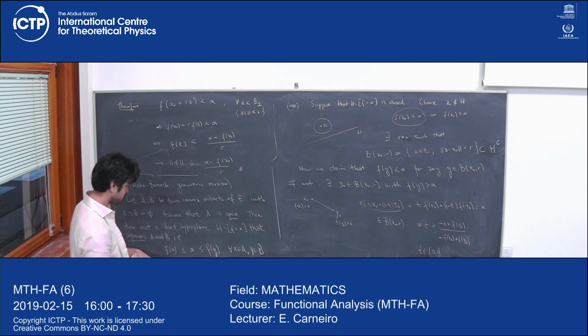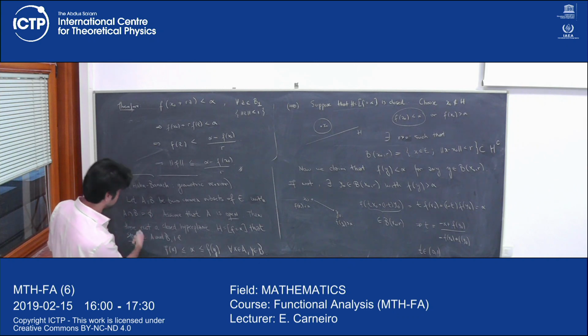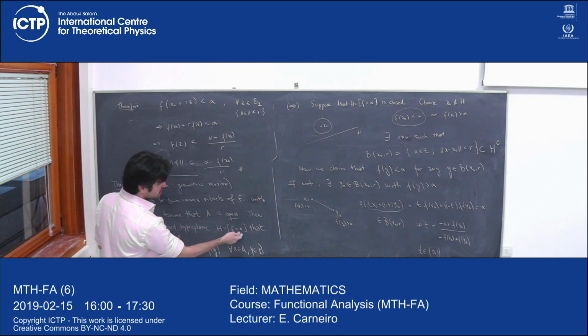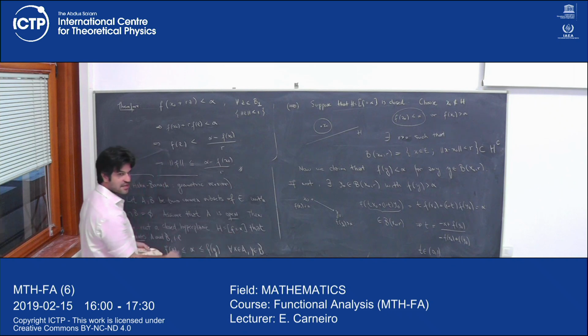Are we fixing f from the beginning that works for all these two sets, or f depends on this choice? No, naturally f and alpha depend on the two sets, A and B. So the sets are given, then there exists a closed hyperplane, which then you have to tell me which f is and which alpha is, that separates the sets.